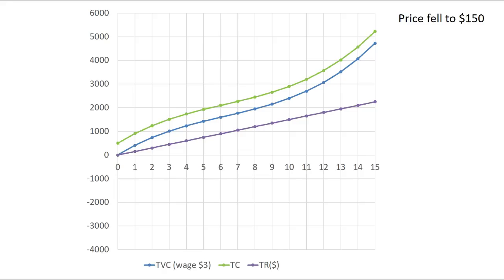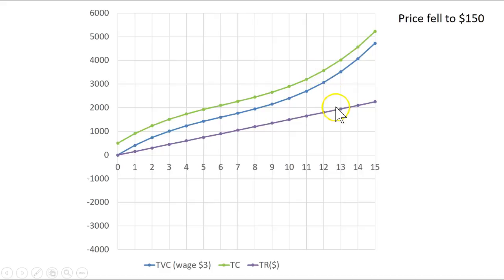So here's our graph. And we've said that the price has fallen to $150 each unit. And therefore, the total revenue curve has now shifted downwards.